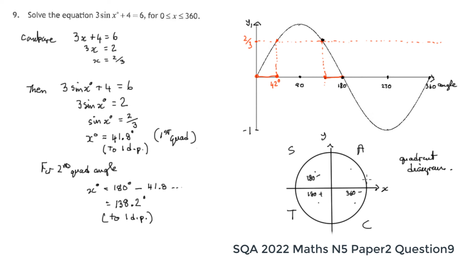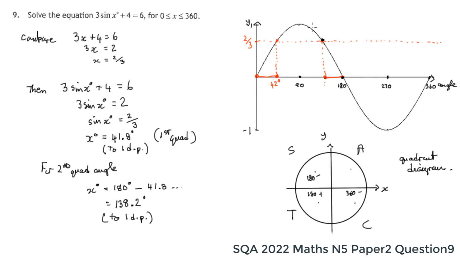So here's this quadrant diagram again, and the significance of the A, S, T and C is that all three, sine, cosine, tangent, will be positive in this quadrant for angles between 0 and 90. Only the sine is positive in the second quadrant. In other words, the sine of angles between 90 and 180 are positive.